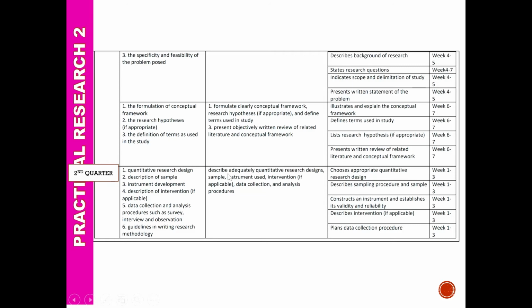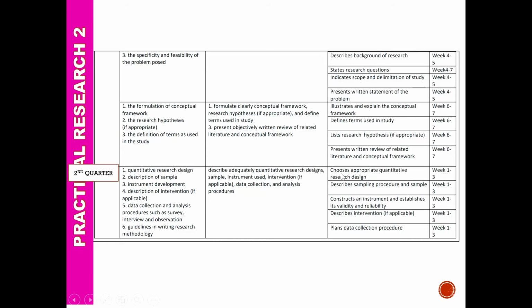So, for our performance standard, describe adequately quantitative research design, sample, instrument use, intervention, if applicable, data collection, and analysis procedures. These are our learning competency for week 1 to 3 in the second quarter.